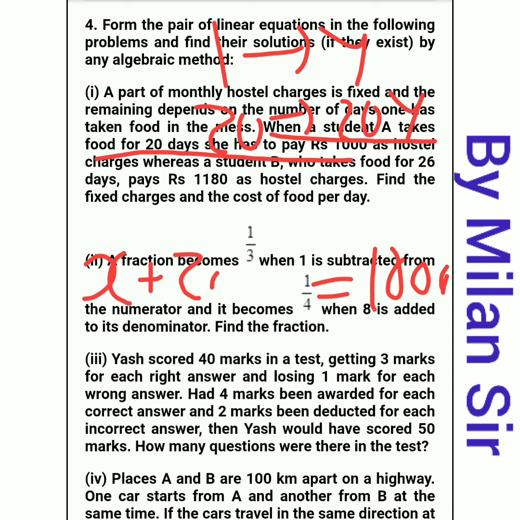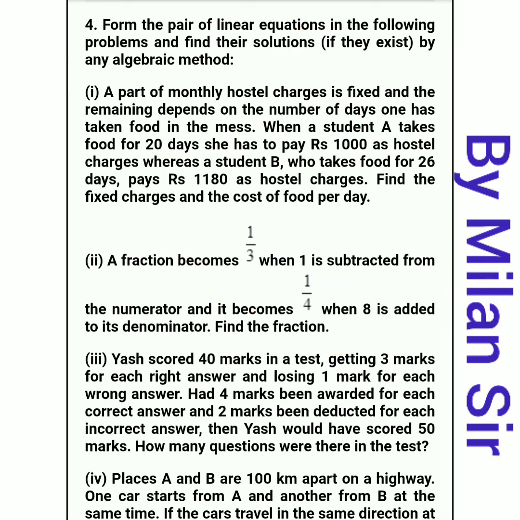So x plus 20y, where x is the fixed charge and 20y is the cost of food for 20 days, is equal to 1000. This is our equation number 1.